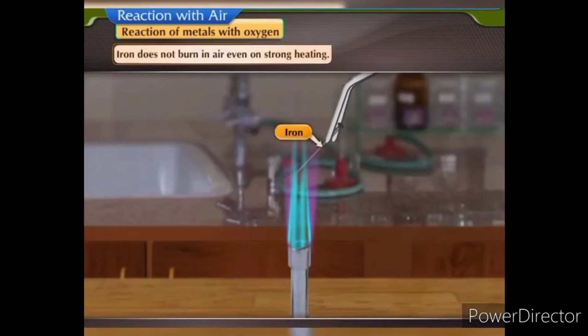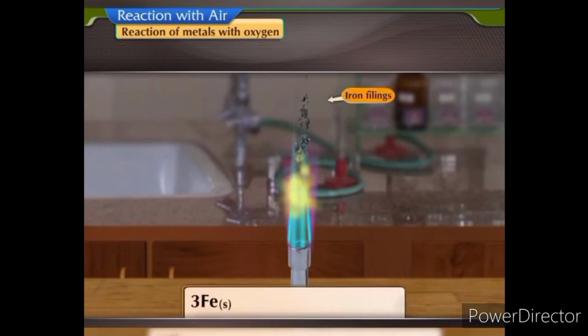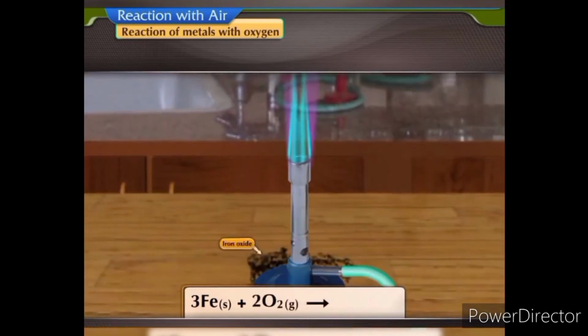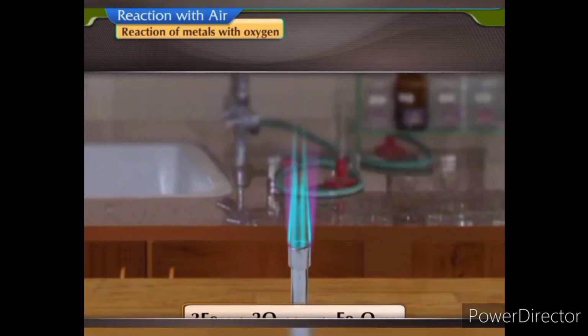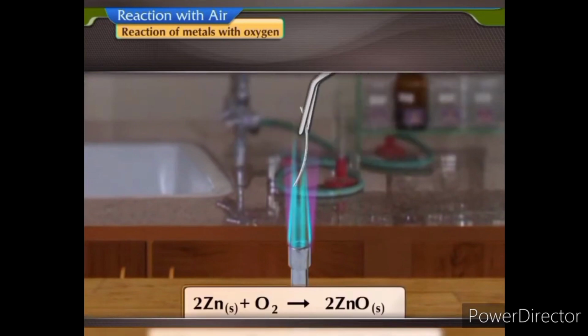Iron does not burn in air even on strong heating. When iron filings are sprinkled on the burner, they react with oxygen in air and burn vigorously to form iron oxide. Zinc burns in air only on strong heating and reacts with oxygen to form zinc oxide.